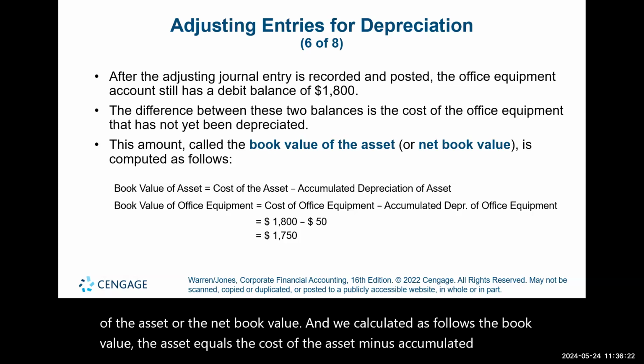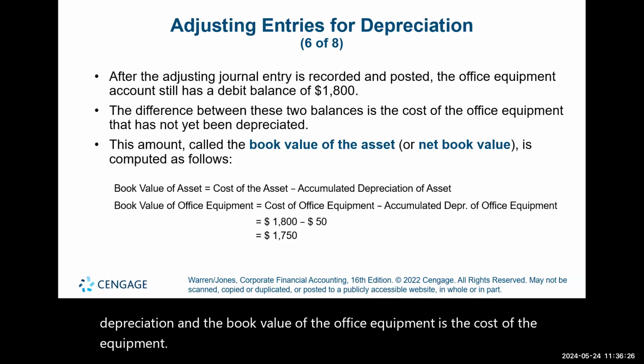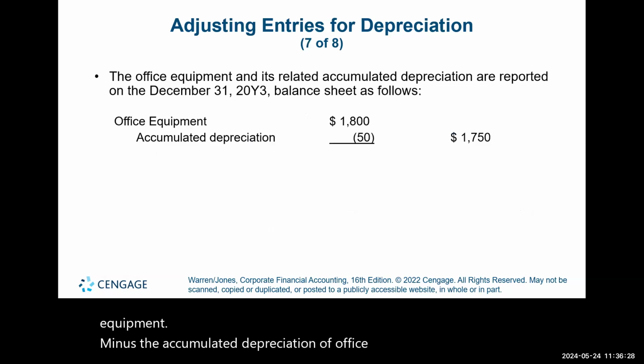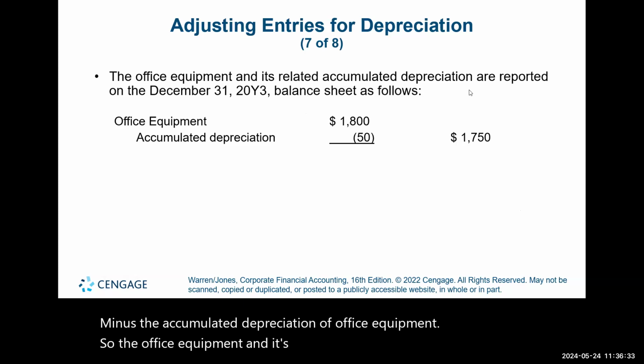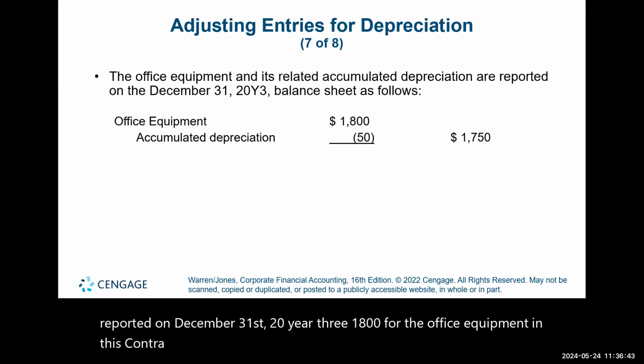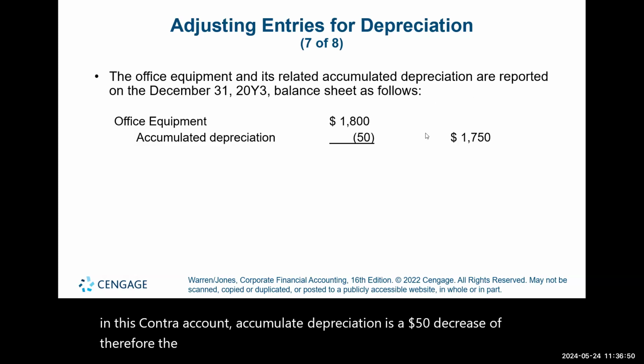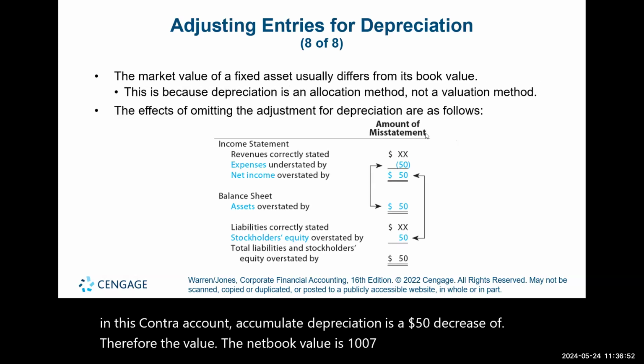And the book value of the office equipment is the cost of the equipment minus the accumulated depreciation of office equipment. So the office equipment and its related accumulated depreciation are reported on December 31st, 20Y3: $1,800 for the office equipment, and in this contra account, accumulated depreciation, is a $50 decrease, so therefore, the net book value is $1,750.